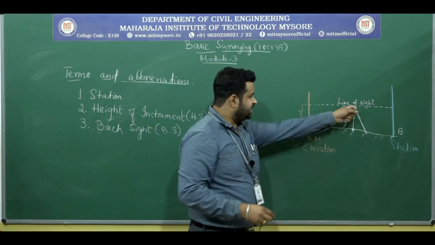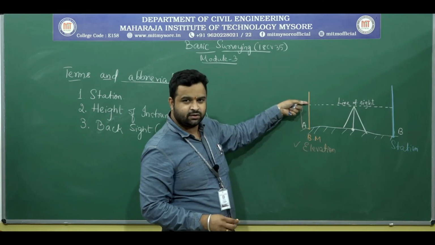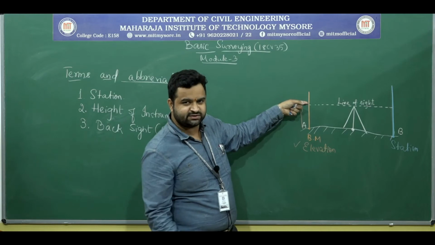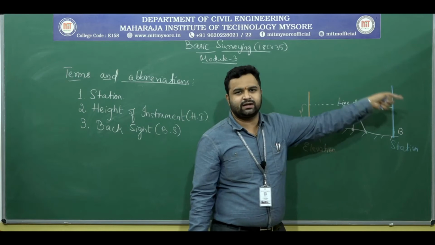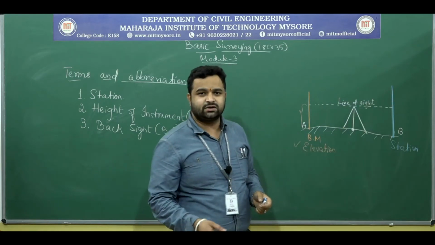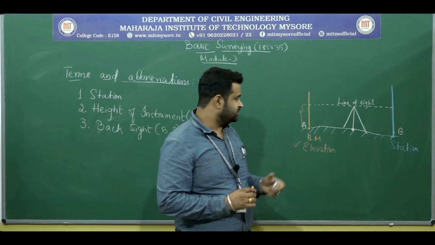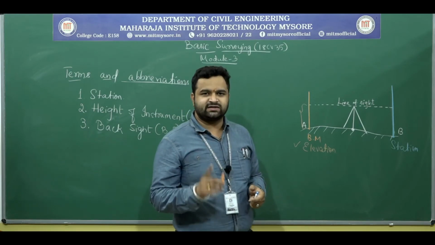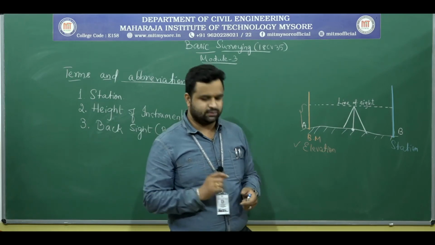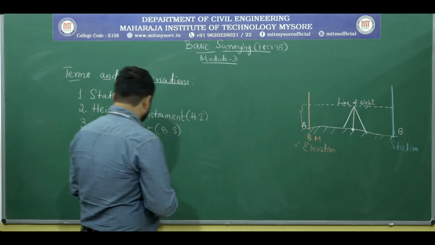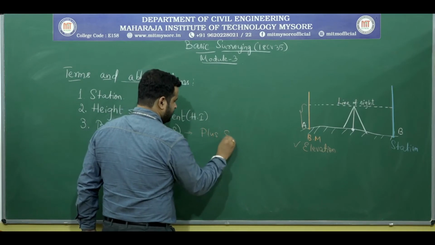To determine the height of the instrument, if you add the elevation to the staff reading held at the benchmark or the known elevation, you get the height of instrument. Using this height of instrument, you can easily calculate the elevation or RL of the next point. Hence you should always add the back sight to the elevation of the known point, so it is called plus sight.